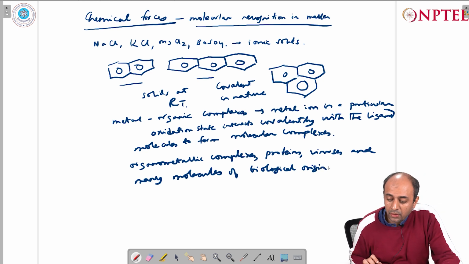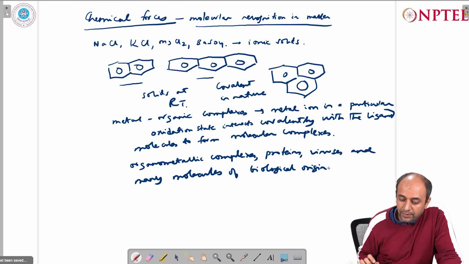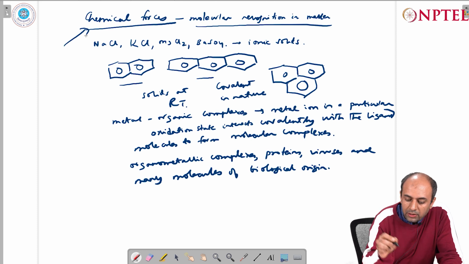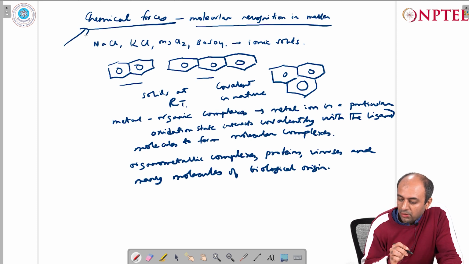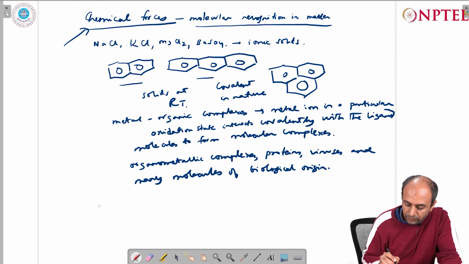So, it is very important to understand what are the chemical forces which actually are responsible for the aggregation of matter. And to start, we will first look at the strongest of chemical forces which are responsible, and then we will go to the weakest of forces. So, there is a spectrum of interactions of chemical forces.